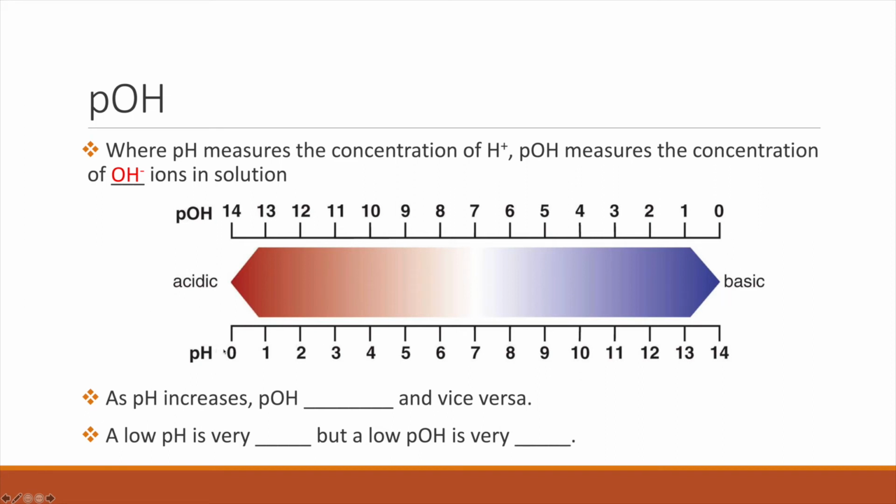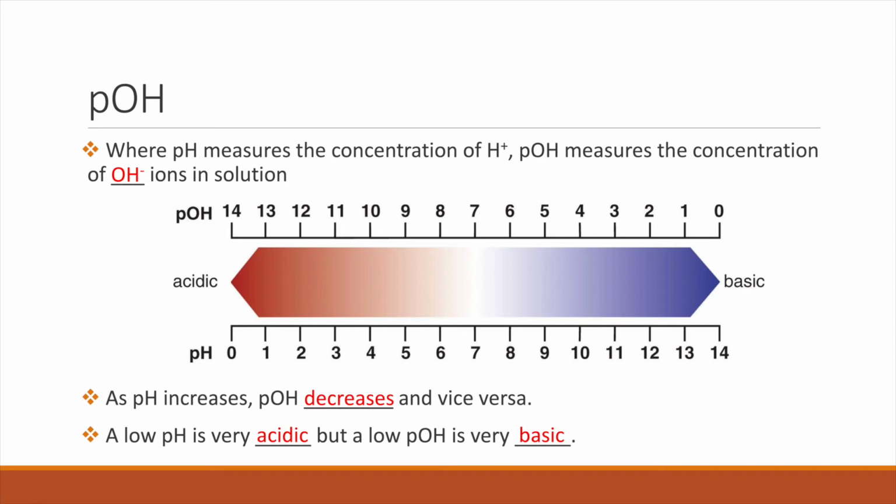So as pH is increasing left to right, pOH is actually decreasing, right? And vice versa. So as pH decreases, pOH increases. So at low pH, we have a very acidic solution, but at low pOH, we have a very basic solution. So you can see how this would get confusing.